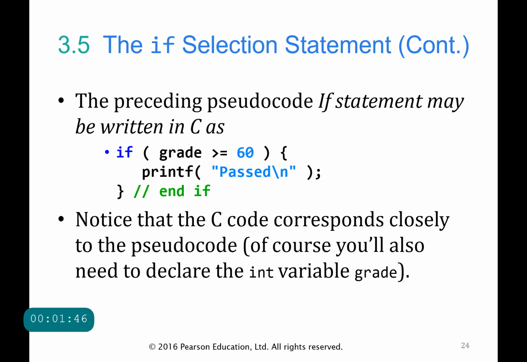In C we could just write a single if statement followed by the relational operator of greater than or equal to. So if grade is greater than or equal to 60, then you can use the printf function to print passed, and that's all there would be to it.